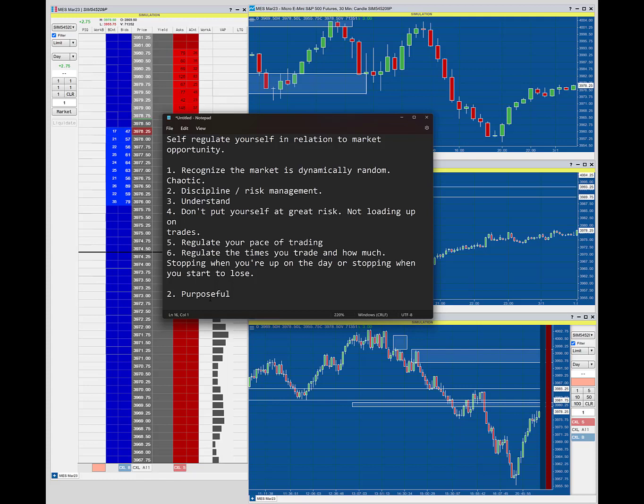But being purposeful does not mean that we have to risk like a professional trader, right? And this is where I'm at today.